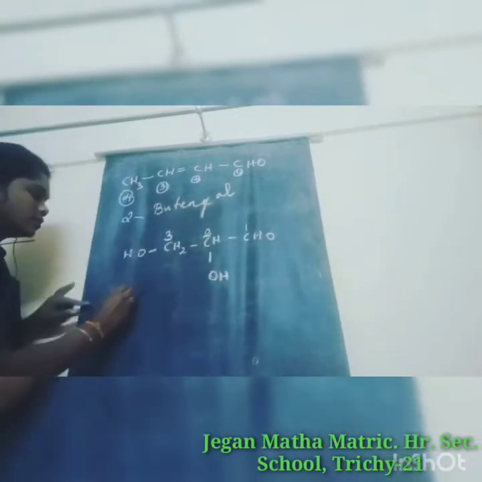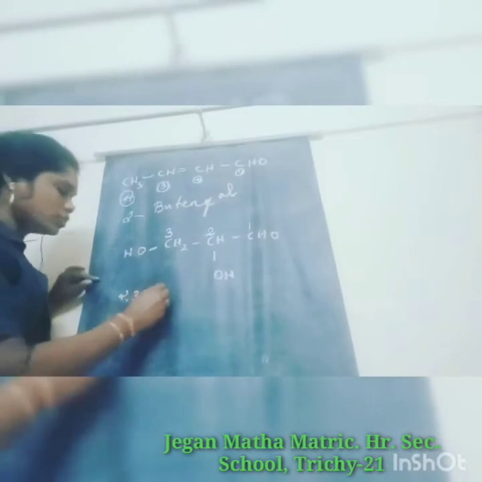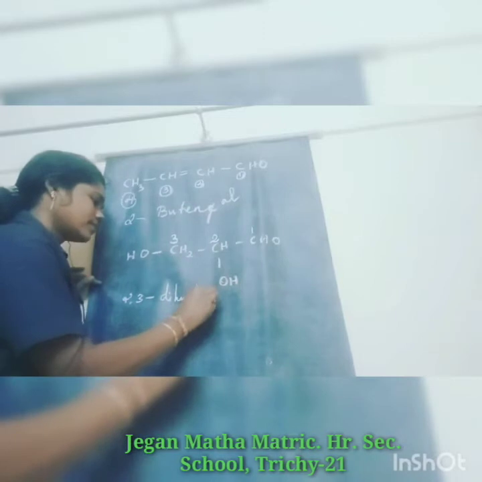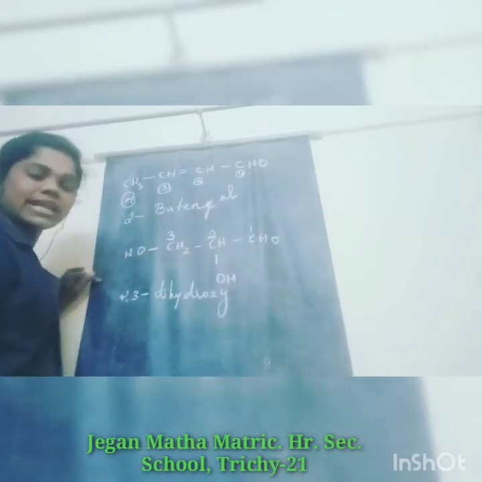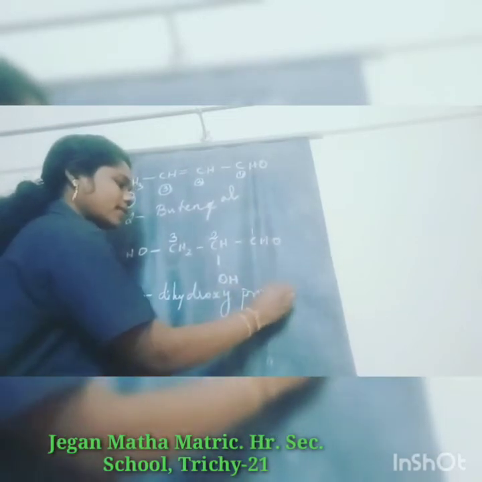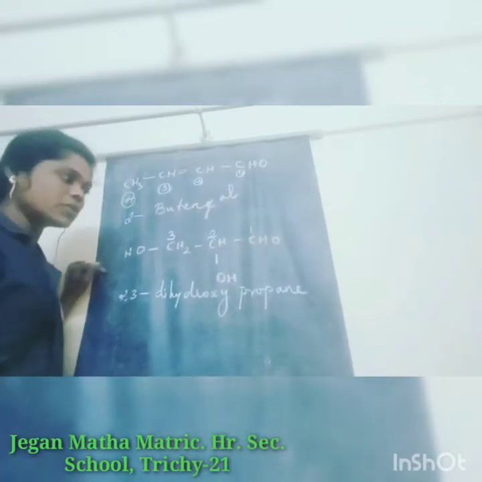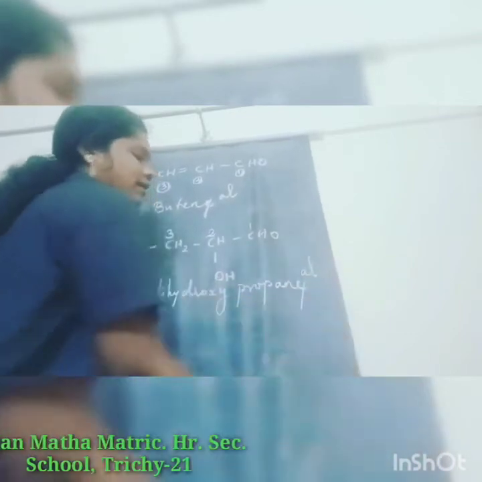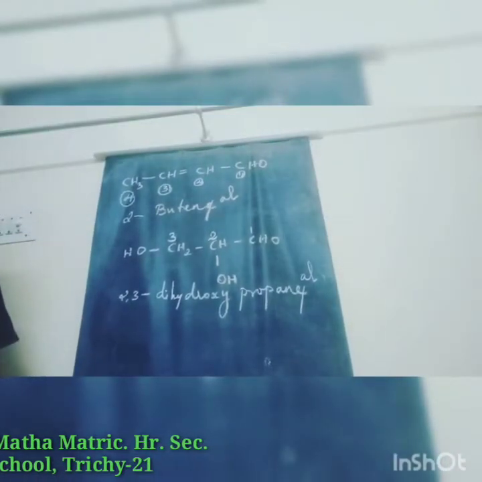Two hydroxy groups are present, so dihydroxy. The remaining carbons, 1, 2, 3, three carbons is propane, so dihydroxypropane. Here CHO is the functional group, which means al, so propanal. So 2,3-dihydroxypropanal.